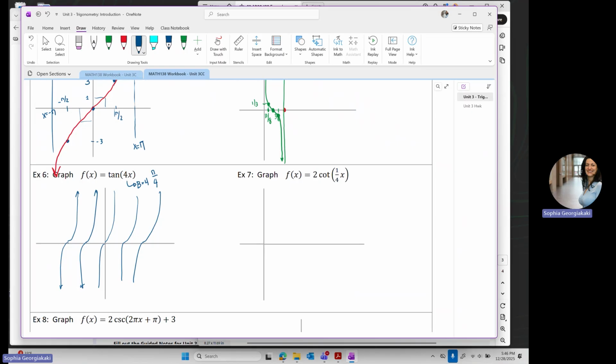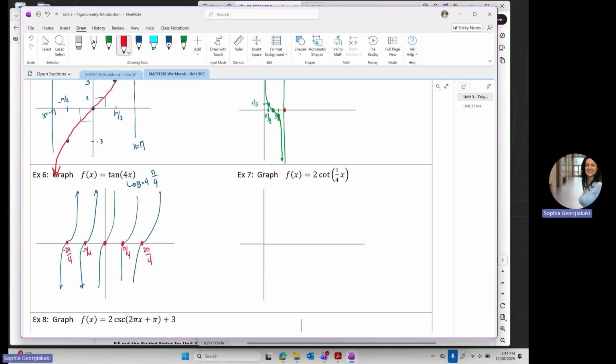So the x-intercepts, obviously, all the x values will shrink, right? So I will have an intercept at 0, and then not again at pi, but at pi over 4, and then at 2 pi over 4, and then at -pi over 4, and then at -2 pi over 4.